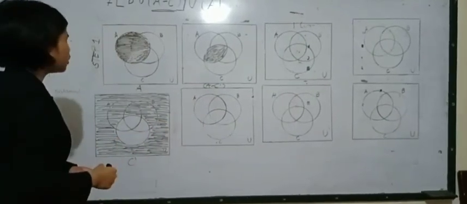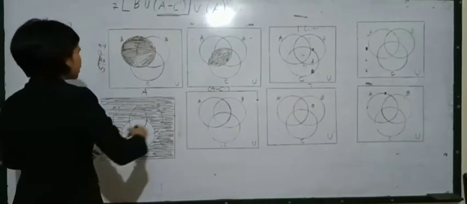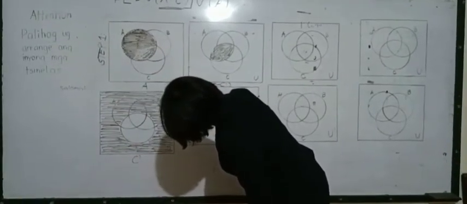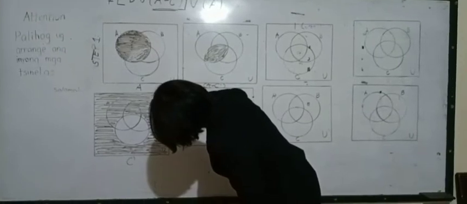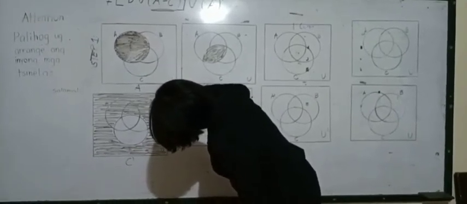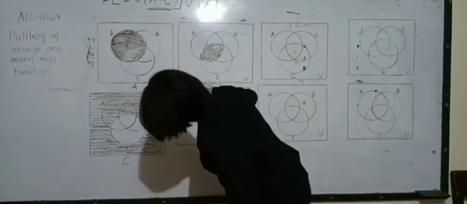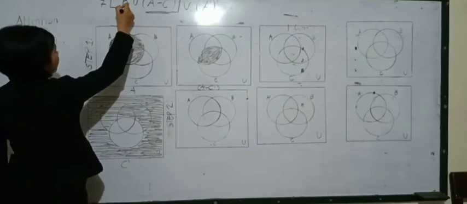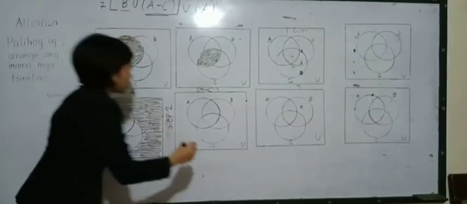Next, we are going to jump into step 2. Which is, we are going to find the B prime.